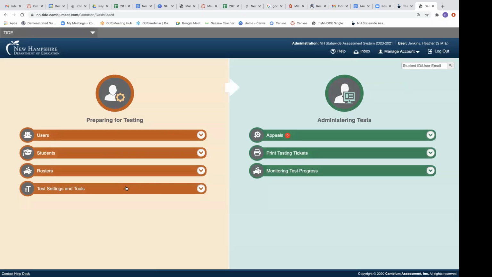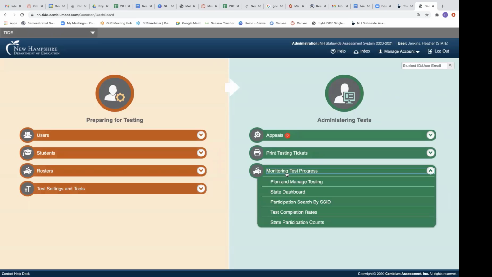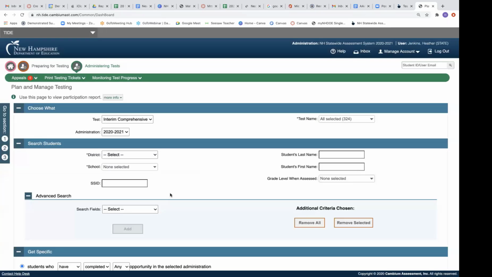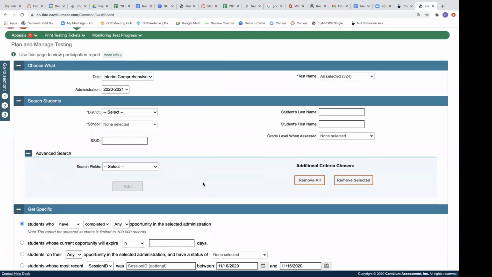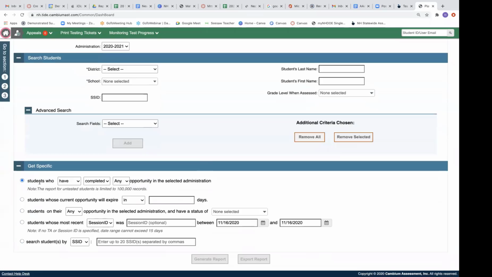And then right here, is this the monitoring test progress, Anne? Yes. So monitor test progress, and then it's plan and manage testing. Within here, you're able to choose your district, your school, and all of this. And this is students who, and you could say have not completed, and then whatever your grade level is.